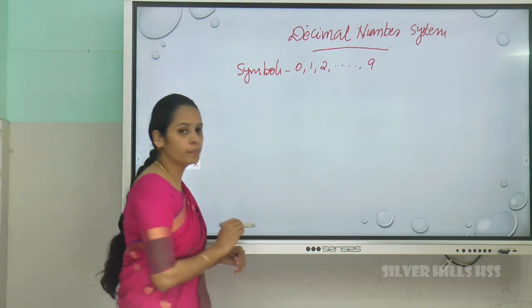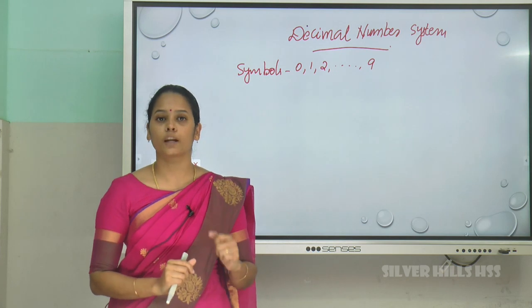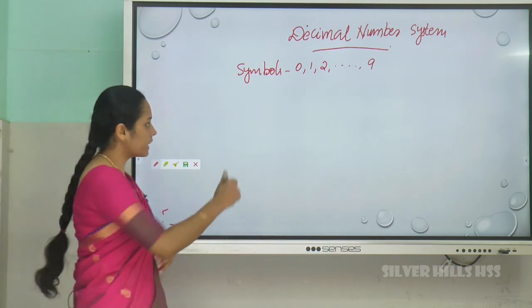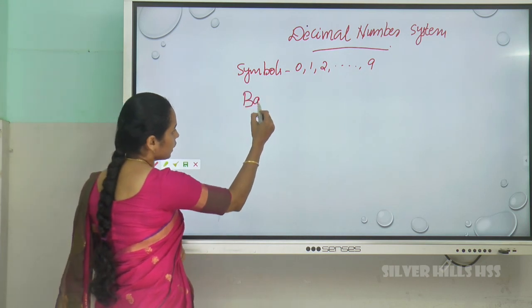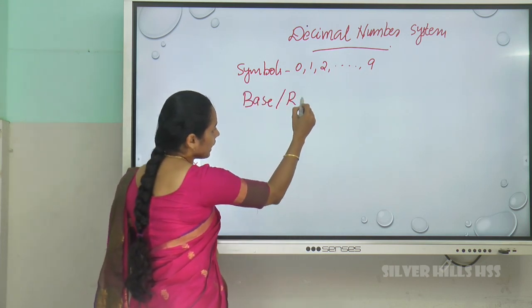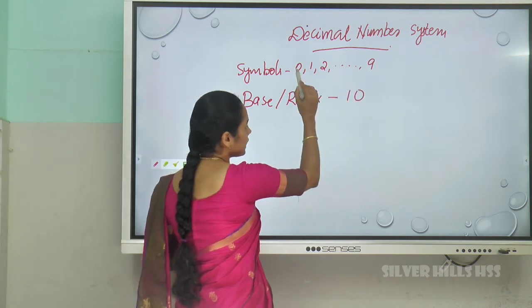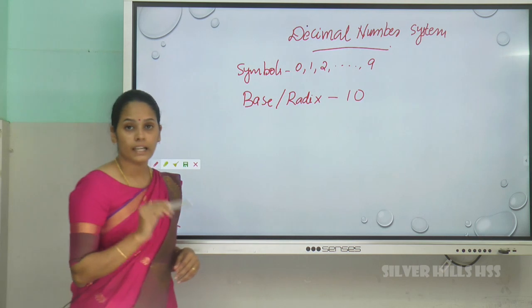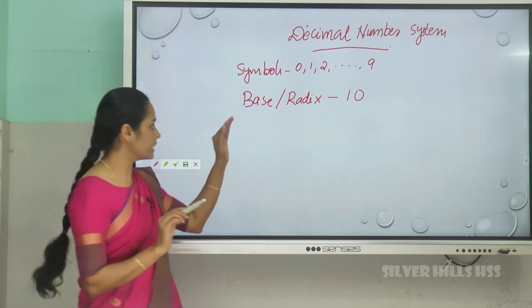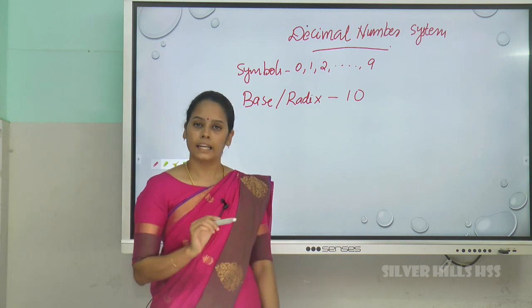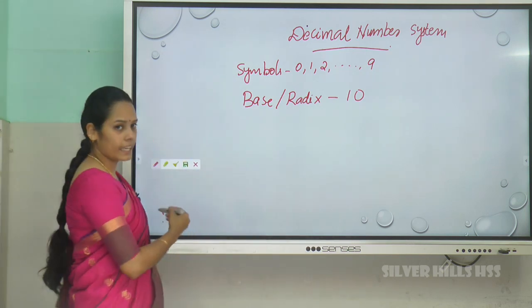We use the symbols 0 to 9 to represent each number in this number system. So we can say that the base or radix of this number system is 10. It uses 0 to 9 symbols, so 10 symbols in total. So the base or radix of the decimal number system is 10.